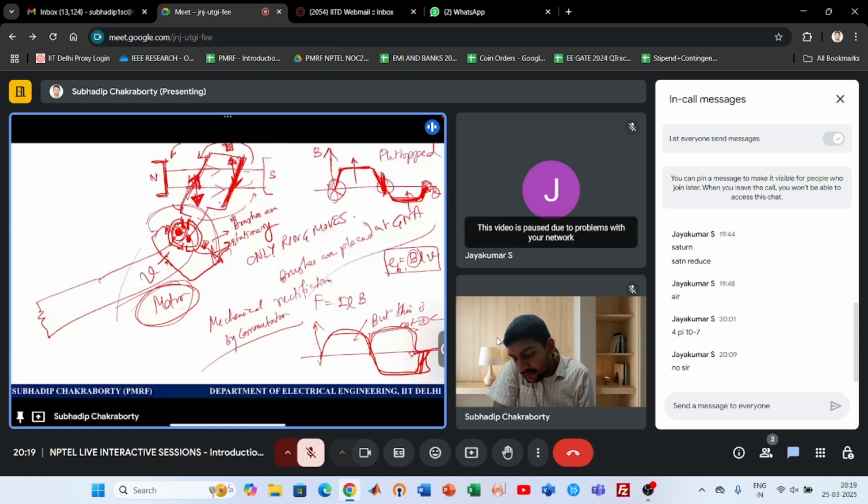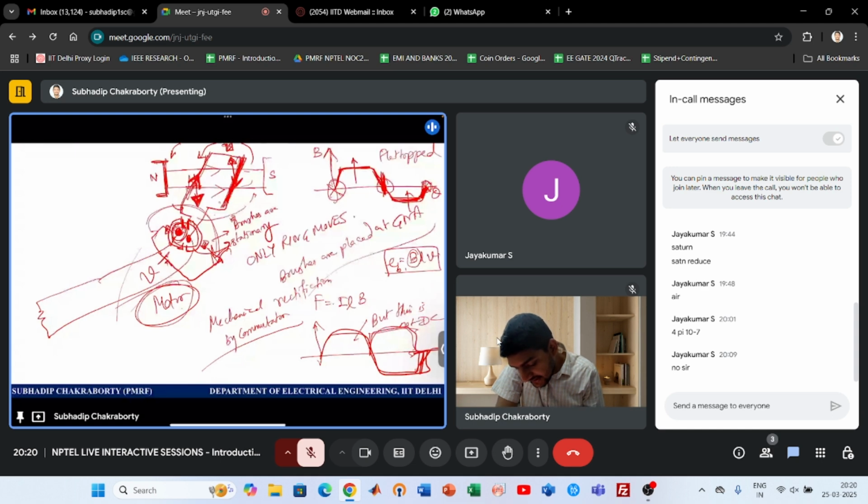But please understand that for the same polarity of voltages applied to a motor and a generator, the rotation will be in different directions, because the current direction changes. Torque is proportional to phi into I. For the same polarity voltages, the flux is in the same direction, but the current flips between generator and motor.